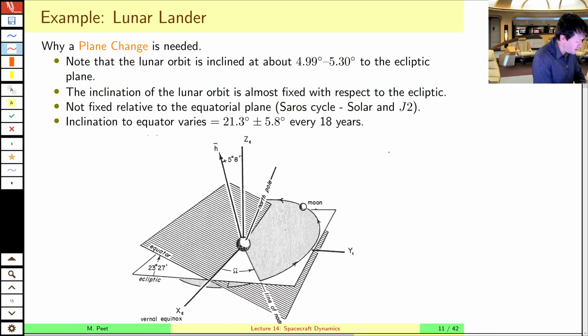So remember that the sun is in the ecliptic. And so normally with the orbital elements, you have an inclination. Inclination is fixed in Keplerian orbits.